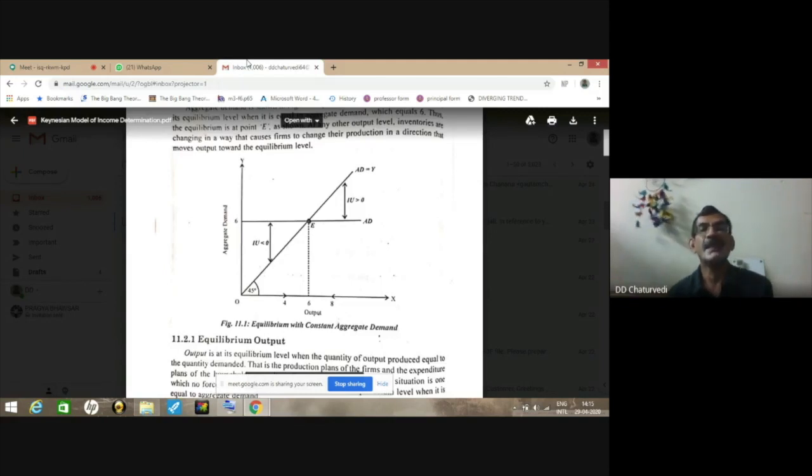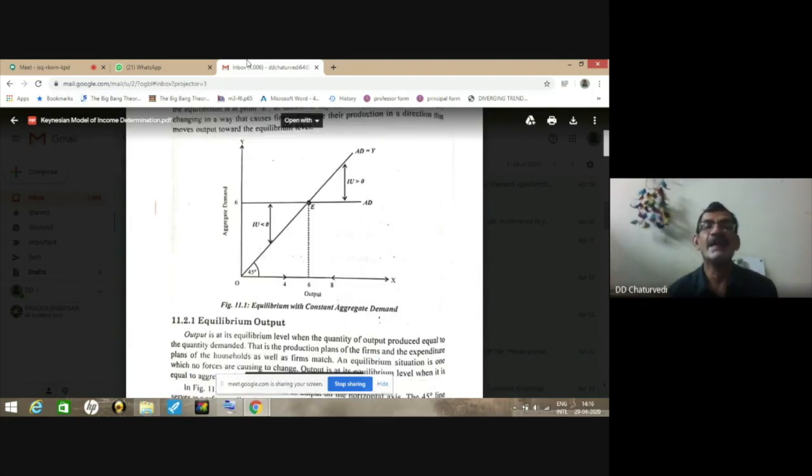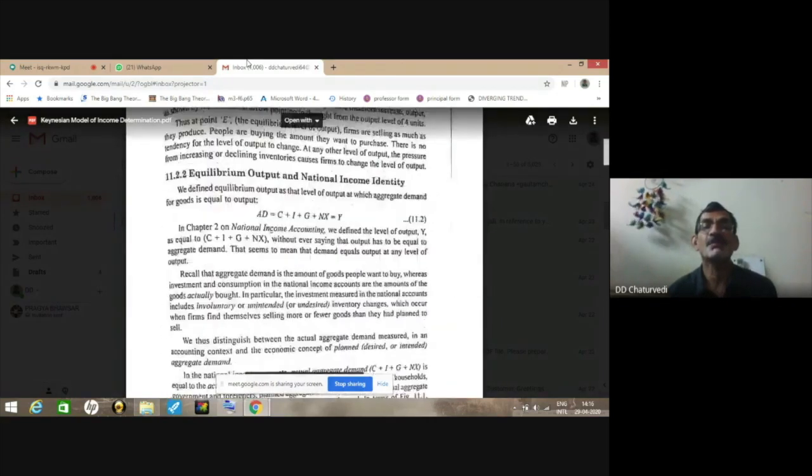Or we can say when we consider any level of output which is more than equilibrium level of output, there is more production, more output, or you can say inventories are accumulated. And so in both of these situations, there will be a tendency for system to move back to the equilibrium point E, where aggregate demand is equal to aggregate output.